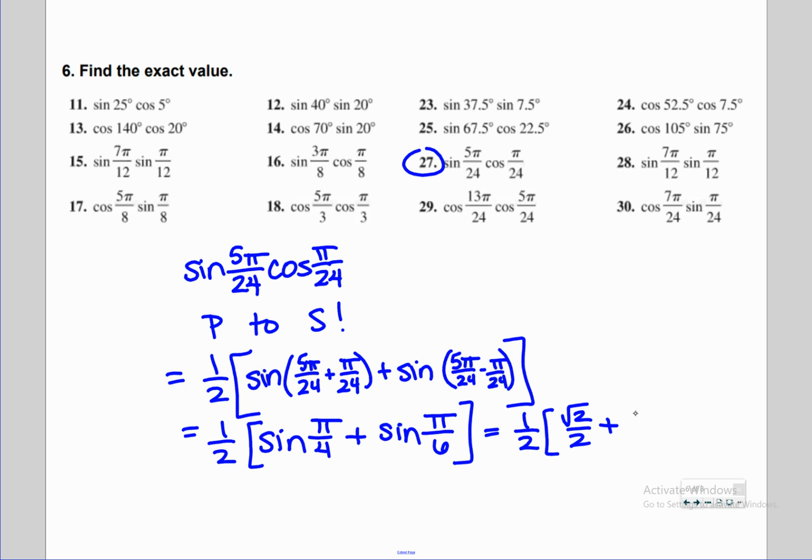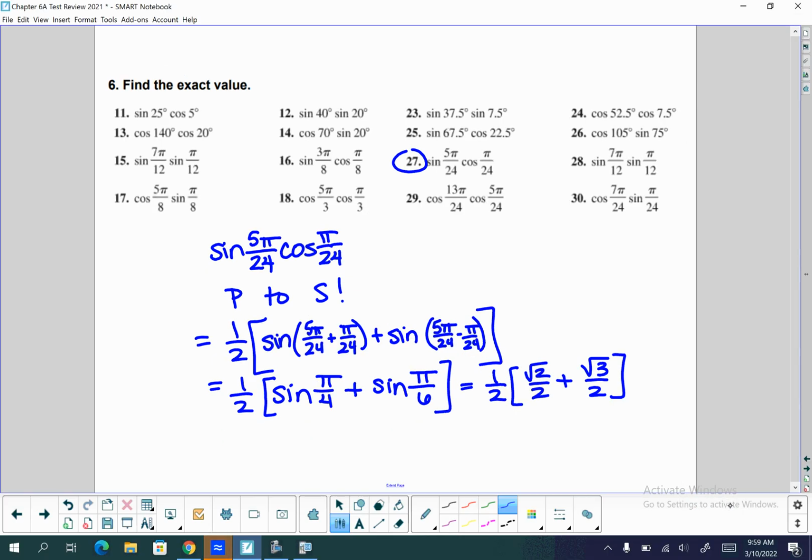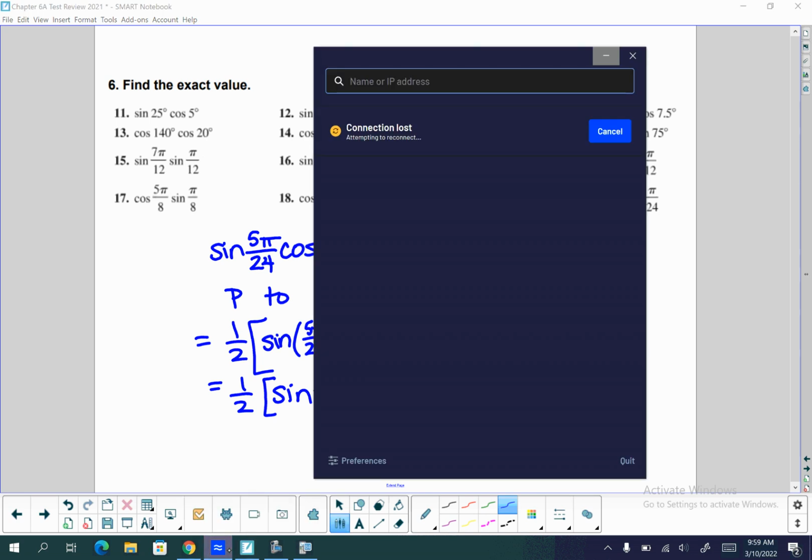I'm writing, but it's not showing up. That's fun. It's great, it's awesome.